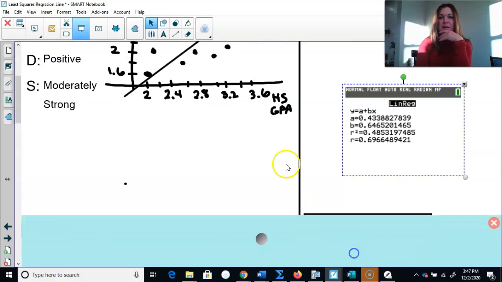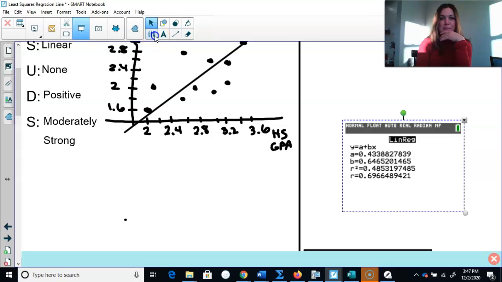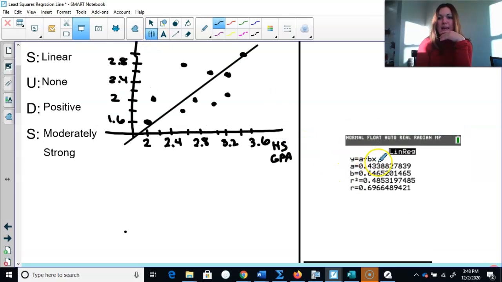Okay, so we have our relationship here. Y equals A plus BX. Now we call it y hat. They don't put it there like that, but we do that. Y hat is equal to A, and A is 0.43. We're going to round to the nearest hundredth, 0.43 plus BX.